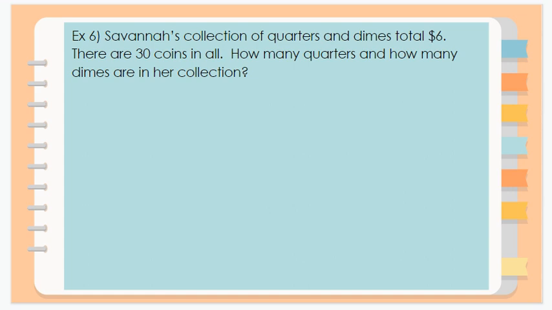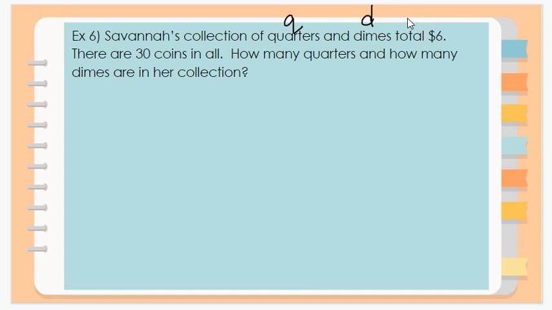All right, so this is one that always tricks everyone, okay? So you're going to have two equations, of course, because it's a system. One's going to be about the amount of coins, and then one's going to be about the cost of the coins and how much it totals to be. So we have a collection of quarters and dimes. I'm going to use Q and D so that I know quarters and dimes.